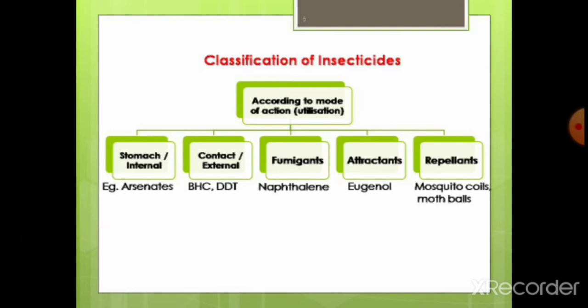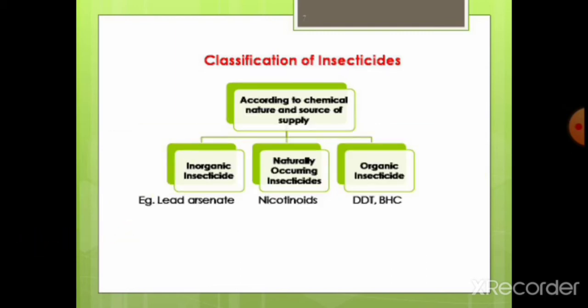Then the second classification is according to chemical nature and source of supply. This classification is divided into 3 different types. First is inorganic insecticide, that is, the contents or constituents are inorganic. The example is lead arsenate. Then second is naturally occurring insecticide. Means these are specifically produced from plant origin, that is from naturally occurring substances.